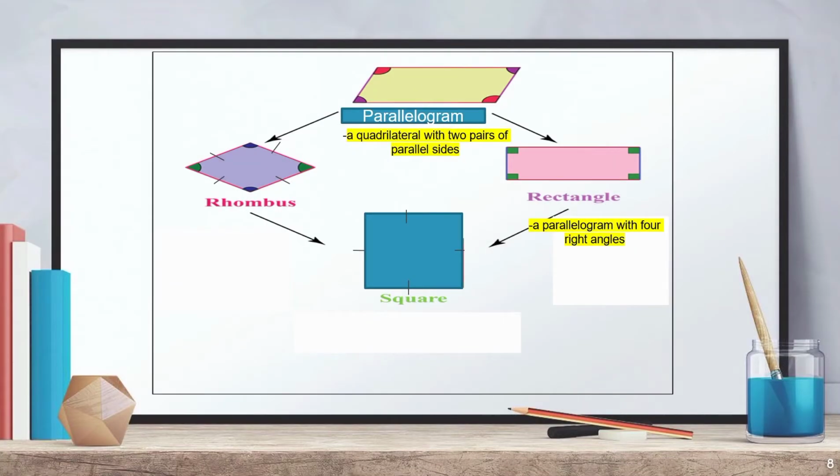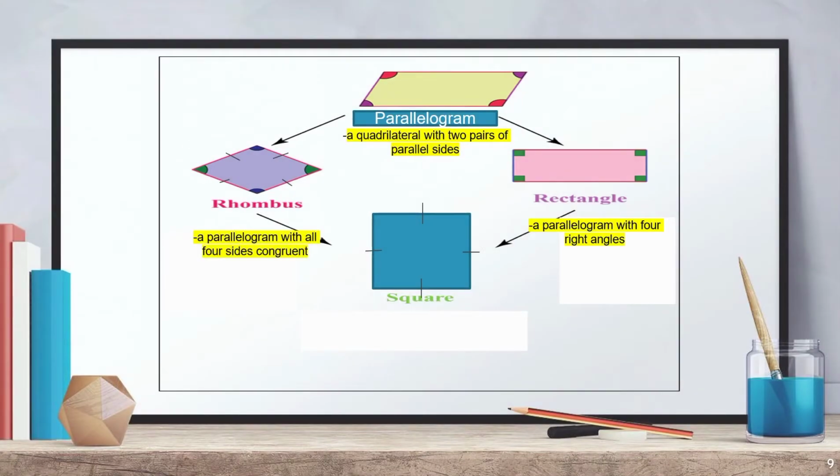To recall, a rectangle is a parallelogram with four right angles. A rhombus is a parallelogram with all four sides congruent. And lastly, we have the square. A square is a rectangle with all four sides congruent. A square is also a rhombus with four right angles.